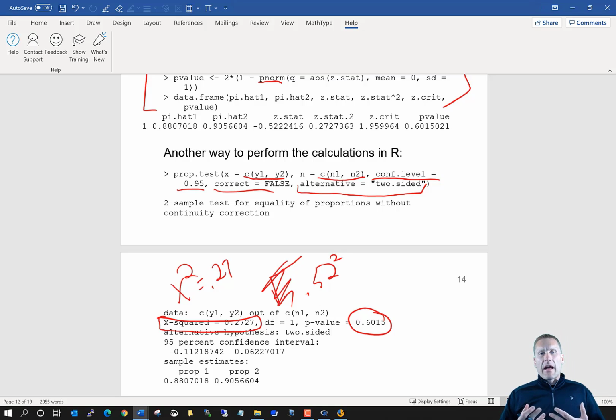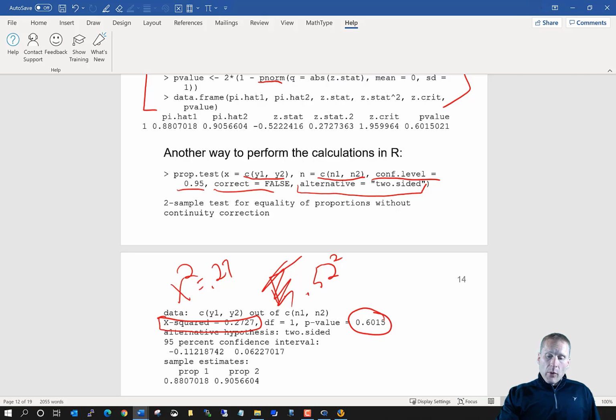And we talked about how a chi-square 1 distribution is the same as a standard normal distribution, essentially squared. If you square a random variable from a standard normal distribution, that's equivalent to a random variable from a chi-square 1 distribution. The details of that are not important to us, other than you need to know why that test statistic there is labeled with an X squared, and also how that relates to what we actually have.